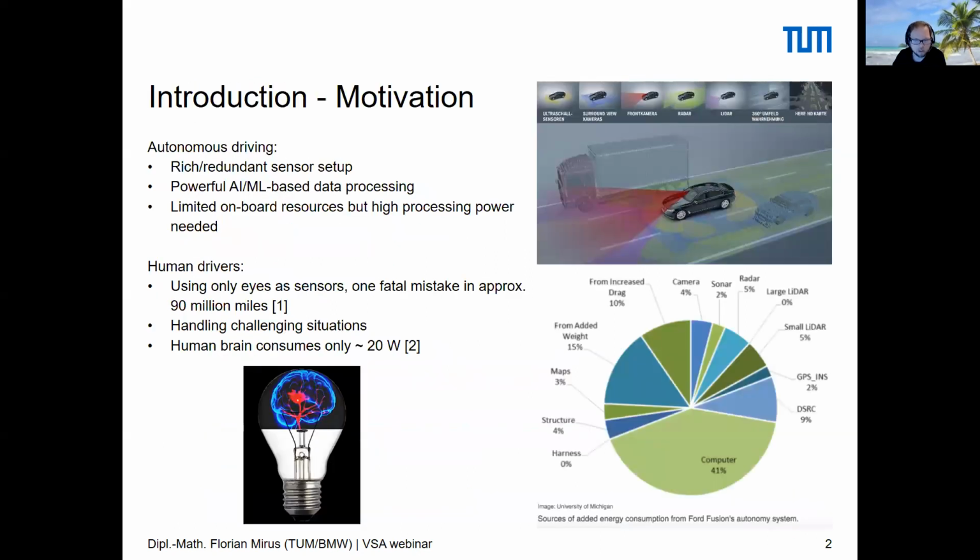Here, this is an analysis of how much power is consumed by the different units or sensor units within the car. And as we can see, the computing is very predominant compared to, for instance, the amount of power that the camera itself is consuming. So I would definitely say there's room for improvement.